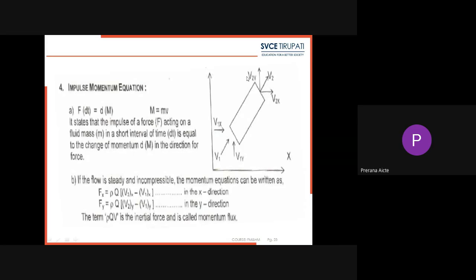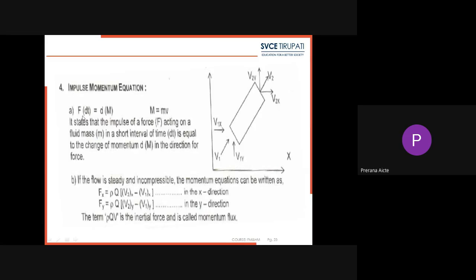To calculate the momentum, we take the change in velocity in all directions.